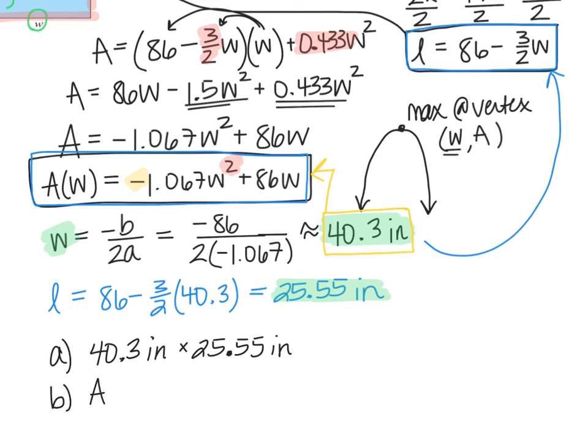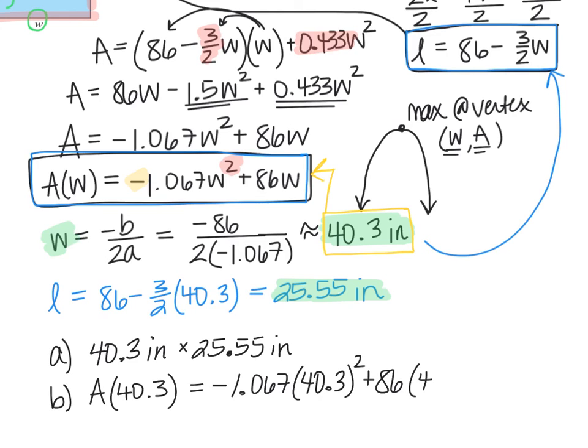So we will basically be finding A of 40.3. This is essentially the Y value of the maximum, which is at that vertex. So A of 40.3 will be negative 1.067 times 40.3 squared plus 86 times 40.3.